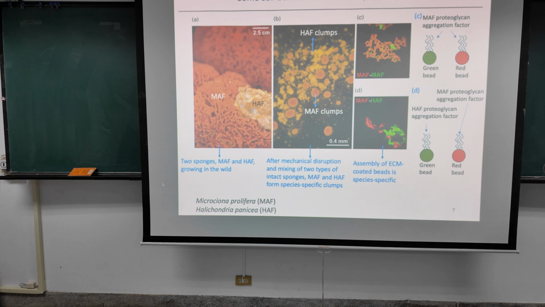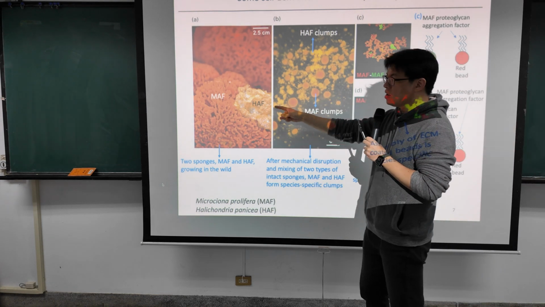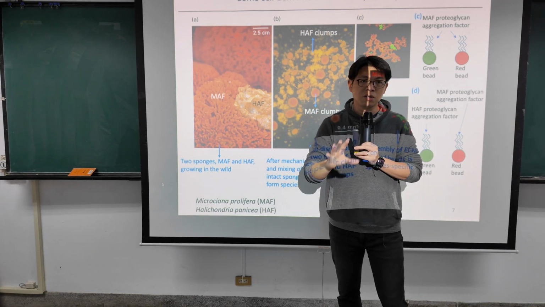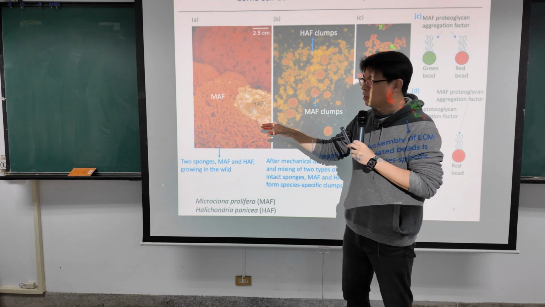So let me just give you some examples to give you a better understanding about the ECM, extracellular matrix. This is one example. NAF and HAF are two kinds of sponge growing in the wild.